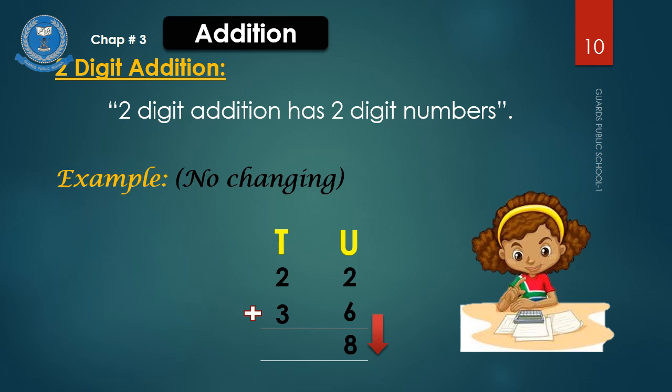Move to the tens column. The numbers in the tens column are 2 and 3. Come on, students, let's add it. It becomes 5. So, the sum of 22 and 36 is 58.